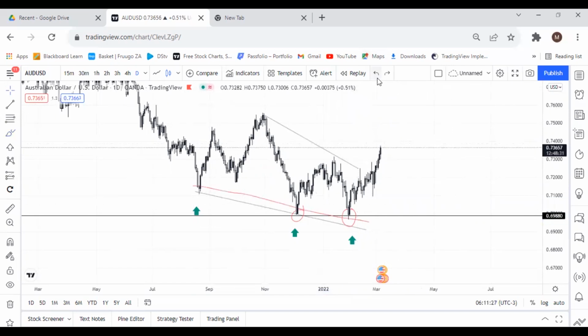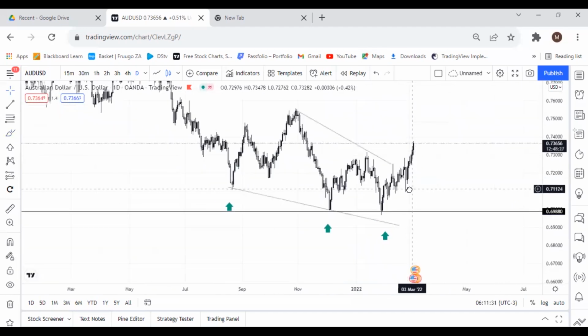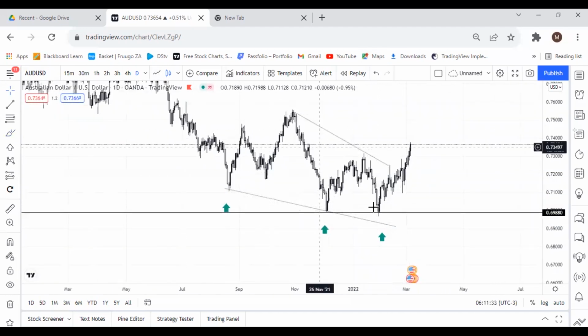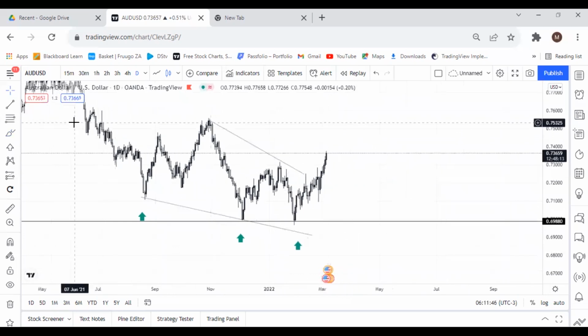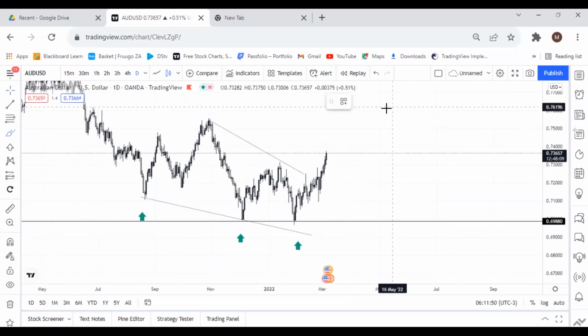Let me just get rid of that. With that said, we had a nice pullback from the support, right? And it formed a huge impulse. Remember, the market moves in 2 phases, right? The first phase is the impulse. So I'm not going to write that down.